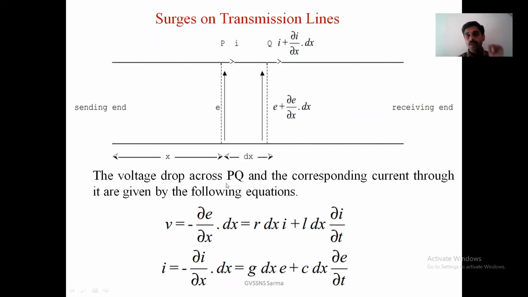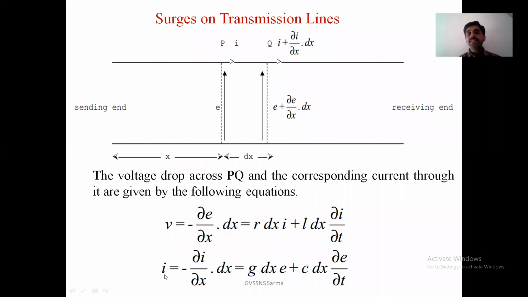The voltage drop across the section PQ and the corresponding current are given by the equations. V is equal to minus the partial derivative of E with respect to x into dx, which we can write as R into I into dx, because the current flowing in this section is I, plus L dI by dt into dx.